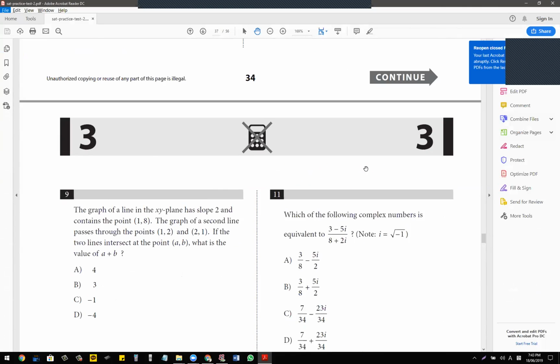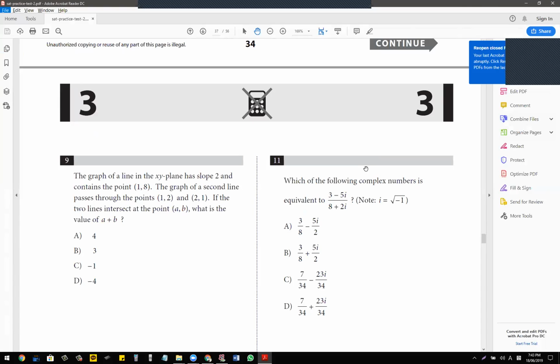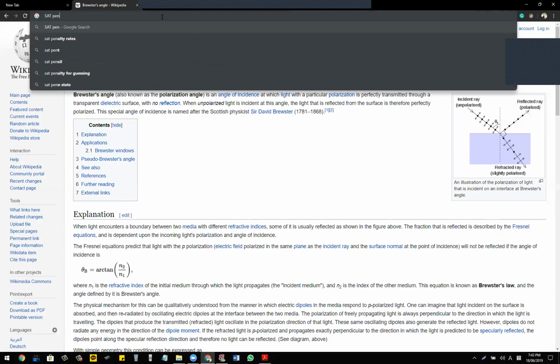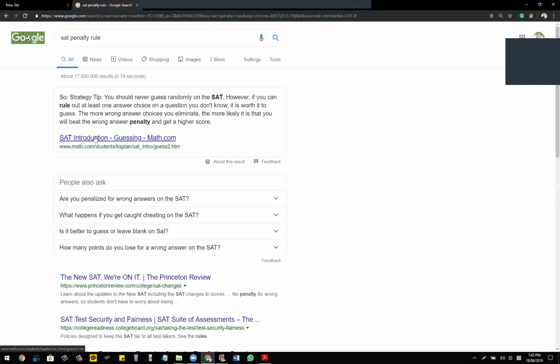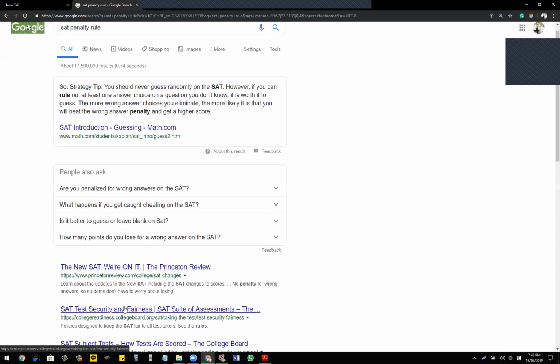You do get penalized for getting a wrong answer, so it's better not to answer if you don't know. If you have absolutely no clue, just leave it blank. Yeah, I think they still have that rule, don't they? SAT penalty rule. So college.